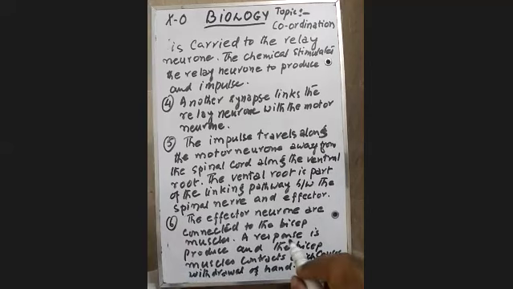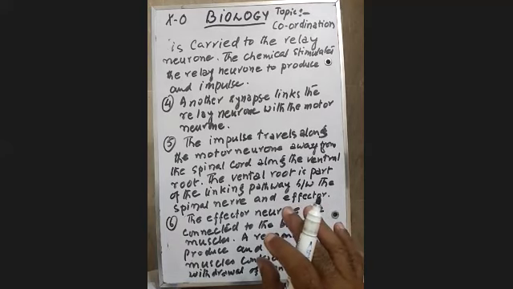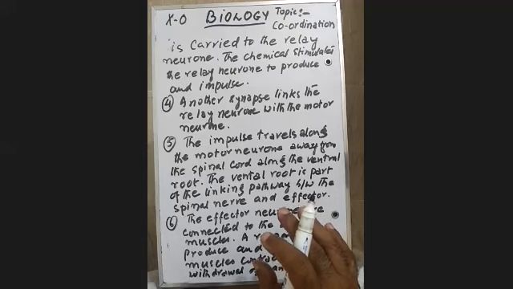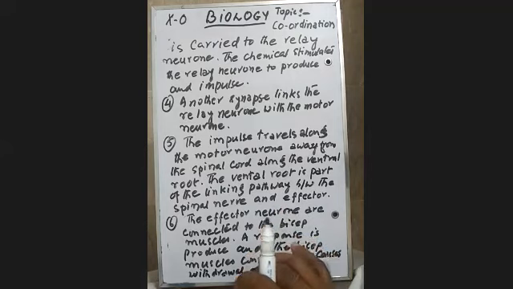Okay, now children, these are the 6 steps which you must remember. The first step was, as your hand touches the hot object, the sensory neuron carries the impulse to the spinal cord.